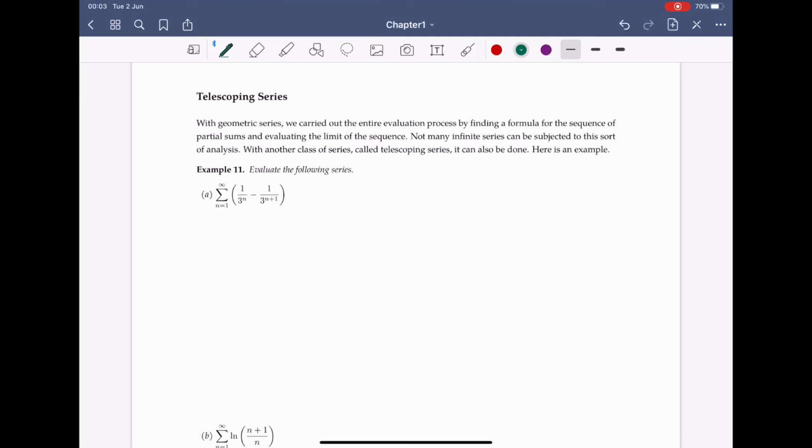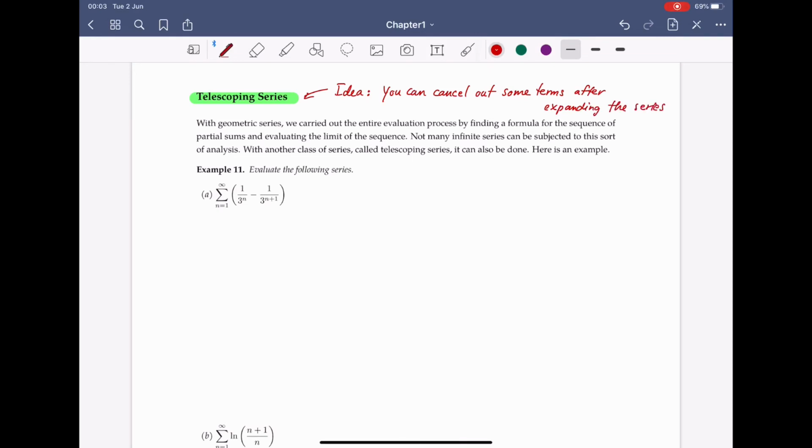Alright, let's learn the last topic for this section, which is telescoping series. So the idea of a telescoping series is that you can cancel out some terms after expanding the series.